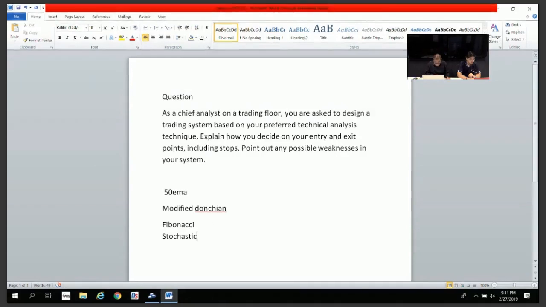I have chosen the above indicators because number 1, they are non-multi-collinear. It's important. Number 2, they are proven to be good, effective trend following indicators. Number 3, they are easy to use and understand.